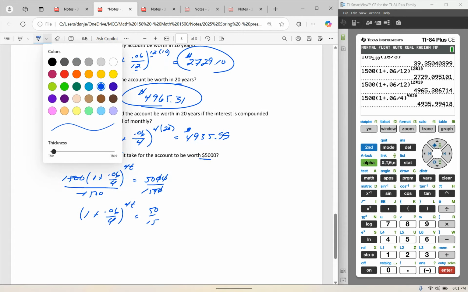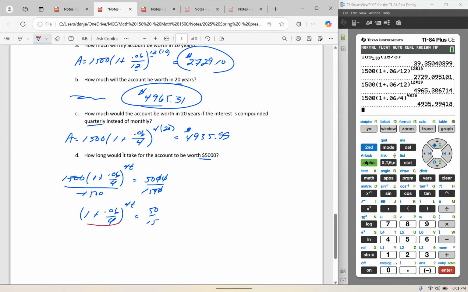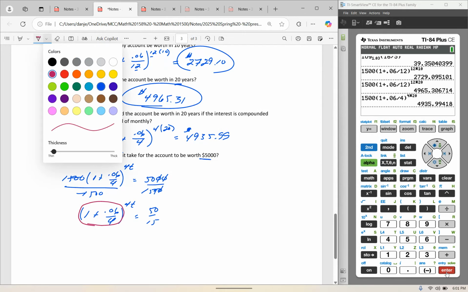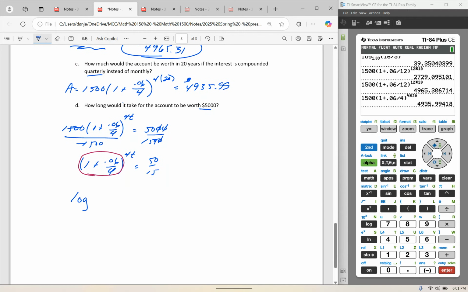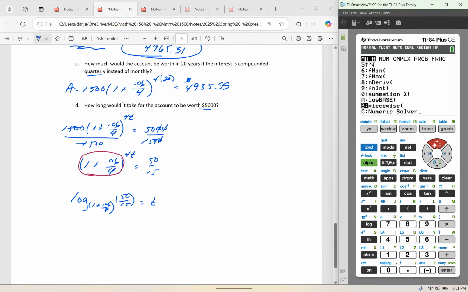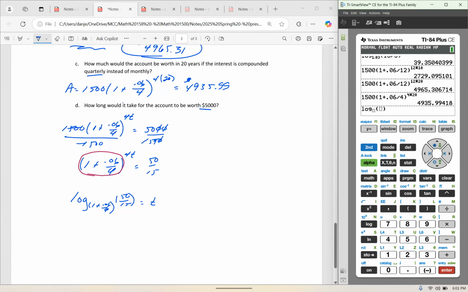I'm going to use my logs, and I'm going to use my log base again, where this is the base of the exponent. This is the power of the log base in the calculator. Log base 1 plus 0.06 over 4 of 50 fifteenths is equal to t. I do have a better solution for you again in the next video, but math, go down to option A, log base, and the base of my exponent is just 1 plus 0.06 over 4.